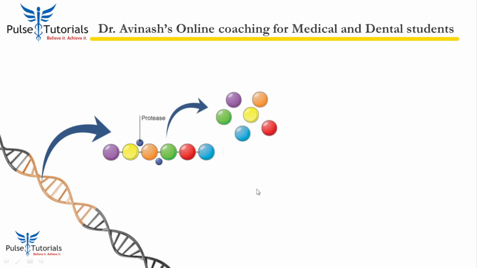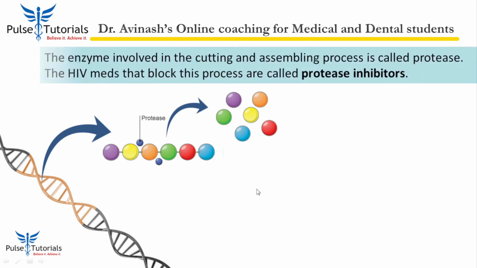So functional proteins are made by proteases. If I block this, the cutting and assembling processes will not take place, right? HIV medicines that block this process are called protease inhibitors, and these include drugs such as ritonavir, atazanavir, indinavir, nelfinavir, saquinavir, fosamprenavir, lopinavir and darunavir.